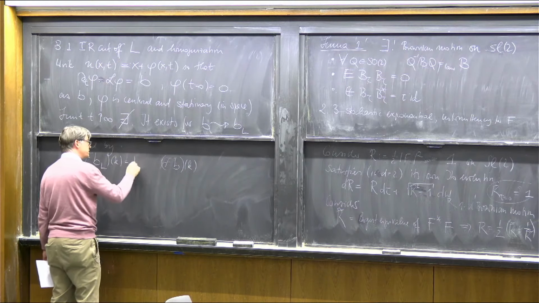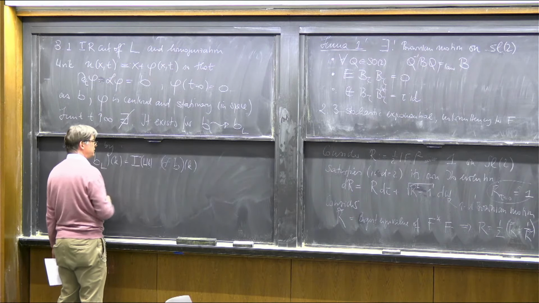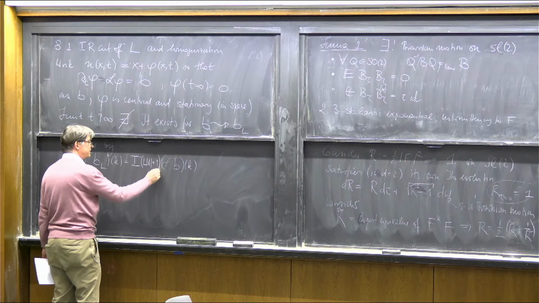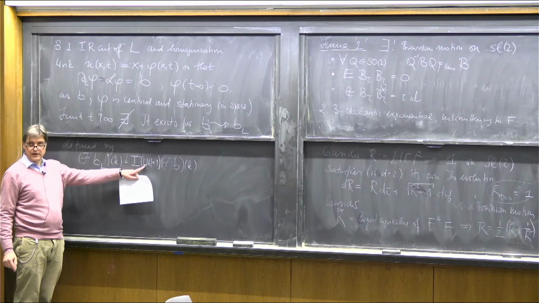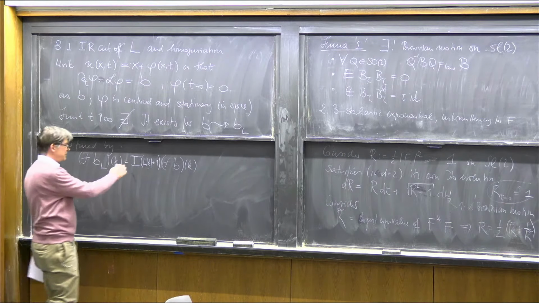Those are distributions, but then I'm just looking at wave numbers which are not too large, which are less than 1 over L. So L has dimensions of length because k has inverse length. So this is a large-scale cutoff.